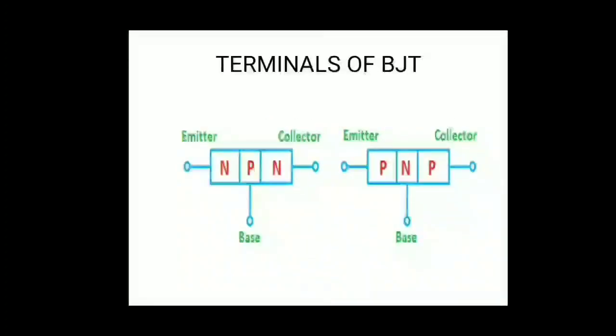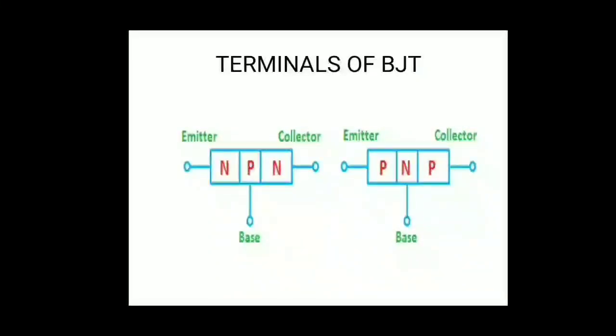Next, the terminals of BJT: emitter, base and collector. Always the emitter terminal is heavily doped compared to the base terminal, the base terminal is slightly doped, and the collector terminal is moderately doped. Emitter heavily doped means the impurity atoms added to the region are very high compared to the base, and the collector is moderately doped.